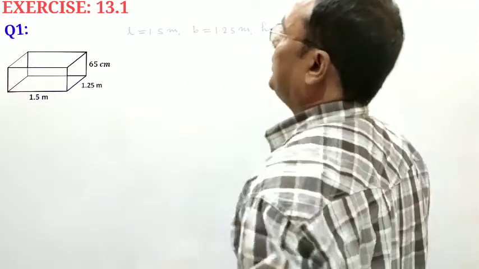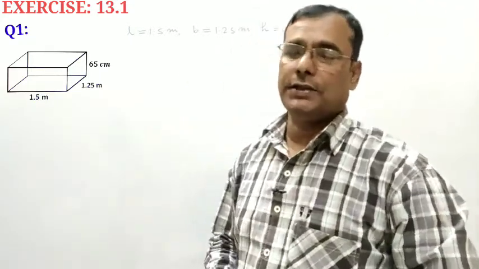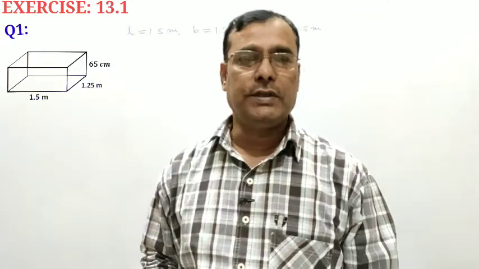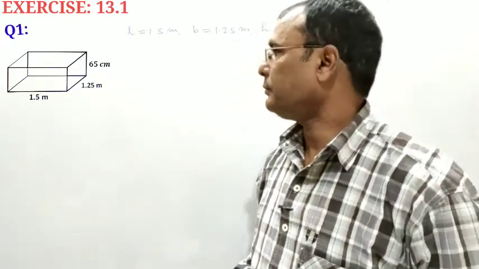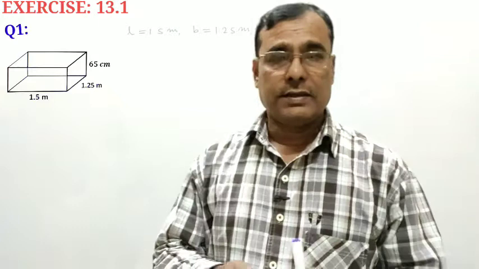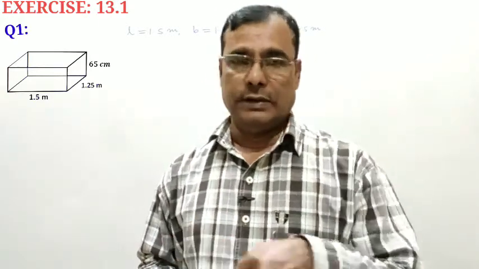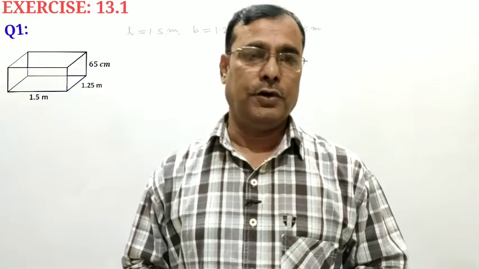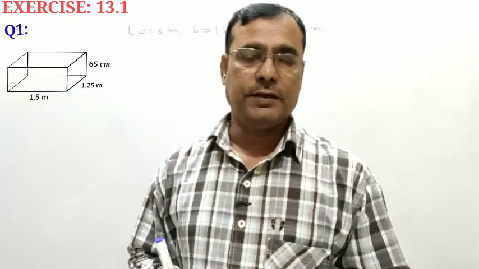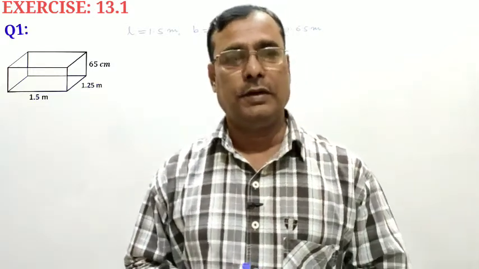So all three dimensions, length, breadth and height, will be in the same unit, that is meters. As the box is open at the top, we have to calculate the four lateral faces of the box and the base of the box.